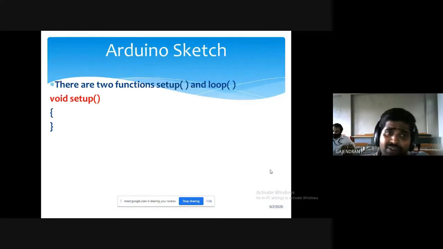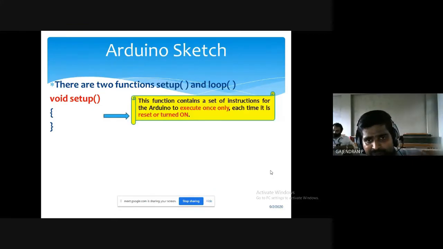Here by default, they gave void setup as one function. What are the things you have to write here? Be careful. Please make note of it. This function contains a set of instructions for the Arduino to execute only once. That means the initialization portion.